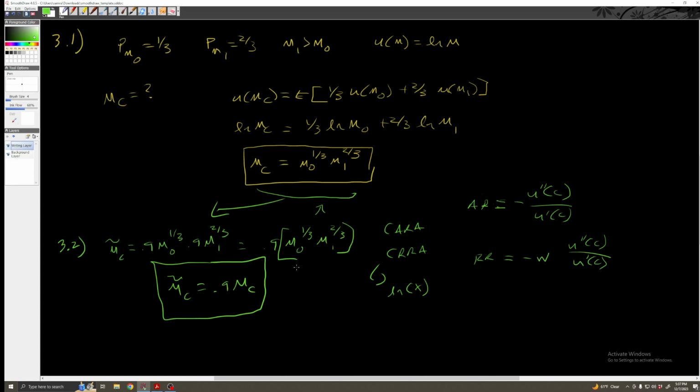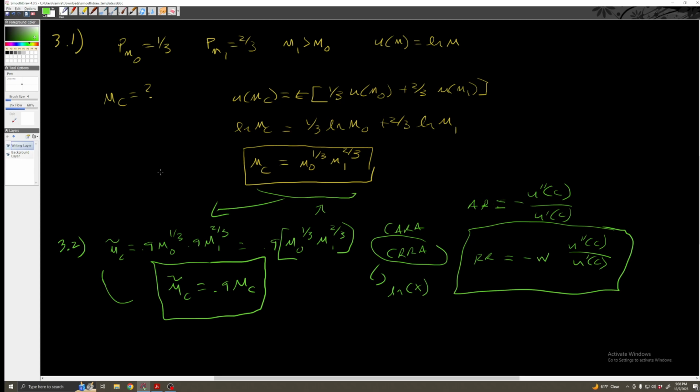That's why this math works out really nicely, because the natural logarithm has these nice properties where the relative risk aversion is constant, right? I can go into that and show you mathematically what that looks like, but I'm not going to spend time to do that. It's most important to understand this process, because we didn't talk about constant relative risk aversion functions when we covered this material in class. This is something that David put a little bit more emphasis on than I did.